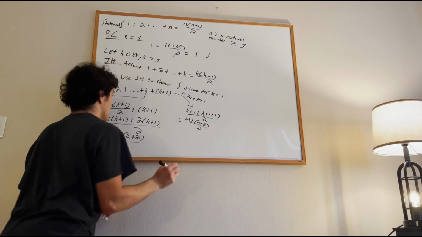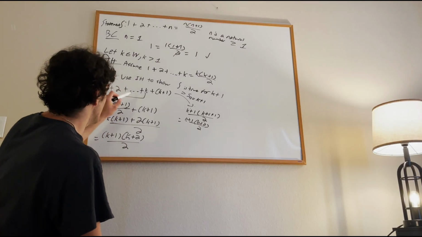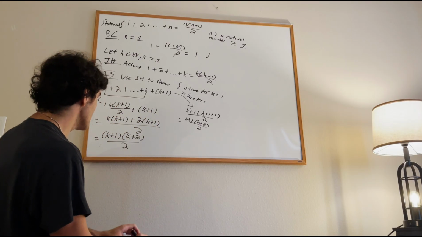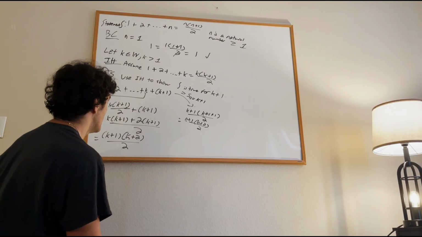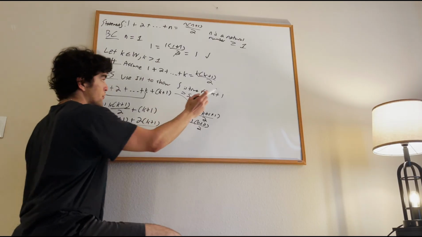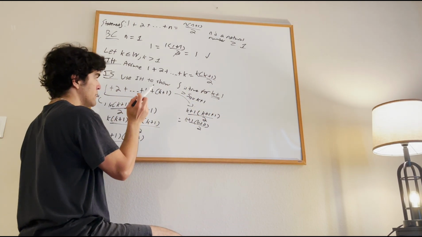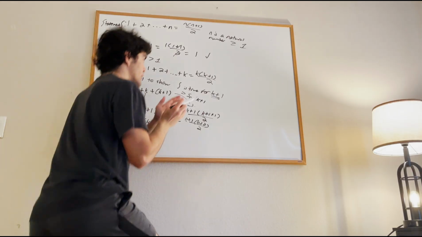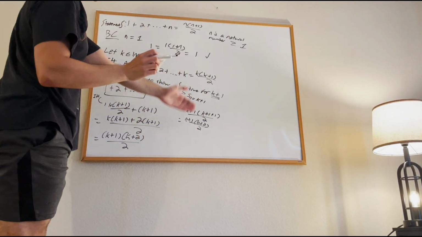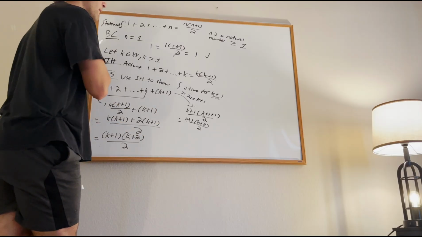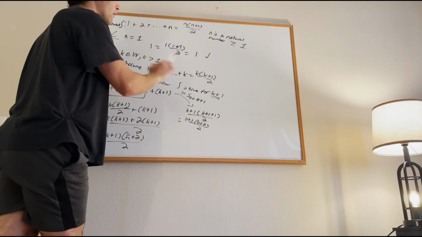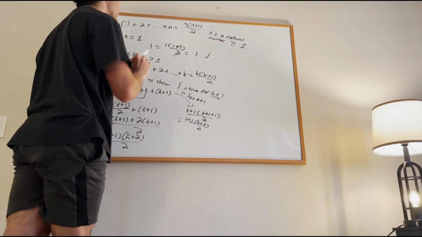So we see that these two things agree, and so this statement is true for k plus 1. This means we've proved the base case, an arbitrary k, and k plus 1, so this statement is true for all natural numbers greater than or equal to 1.